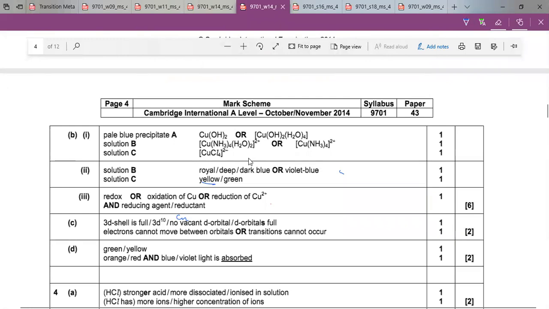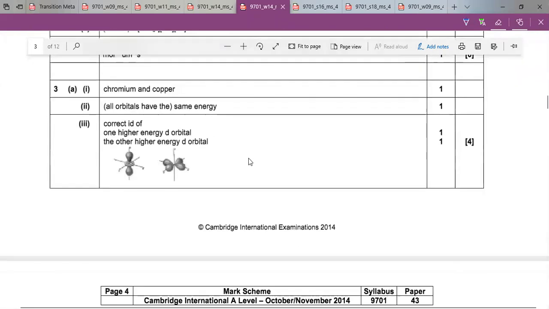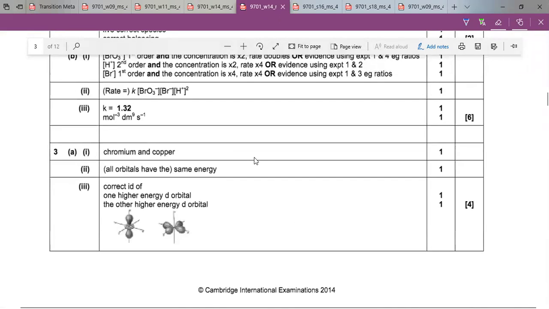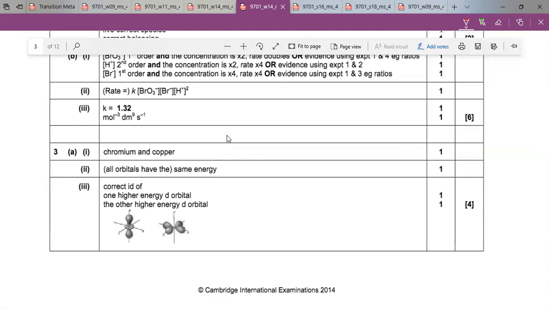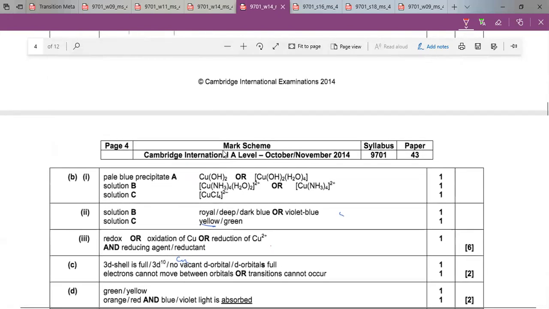Degenerate: orbitals having the same energy level, that's all. They actually say quantum states, the orbitals having the same energy. Okay, degenerate.